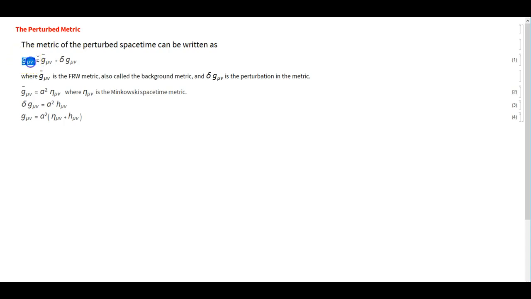So we have perturbed gauge, background and perturbation, and remember that perturbation is a function of eta, xi, or you can say it's a function of x alpha, where x alpha is the coordinates of the background gauge. All of this we have studied in the previous lectures.